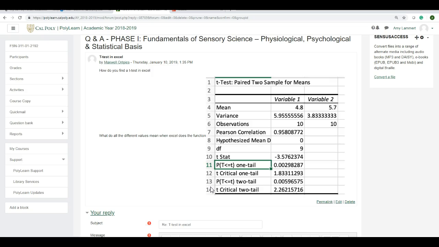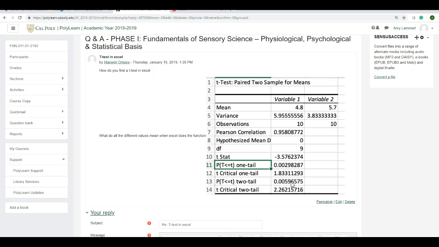You can look these numbers up in a table, but I'm lazy and the software is helpful in that it gives us a p-value. And so the p-value here is 0.002 for a one-tailed t-test and 0.0059 for a two-tailed t-test.